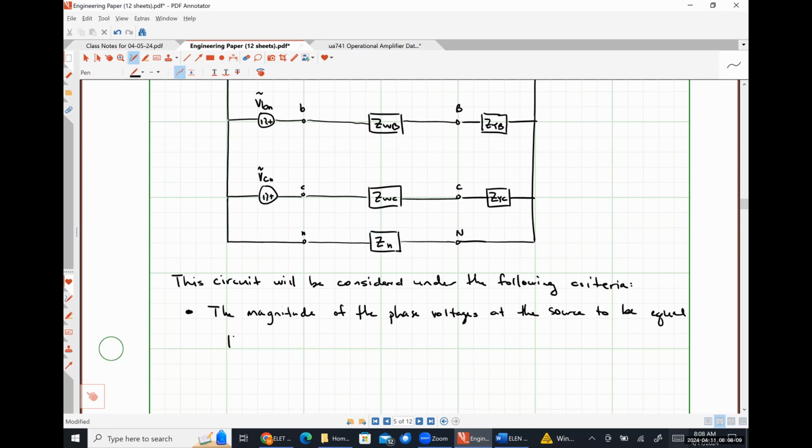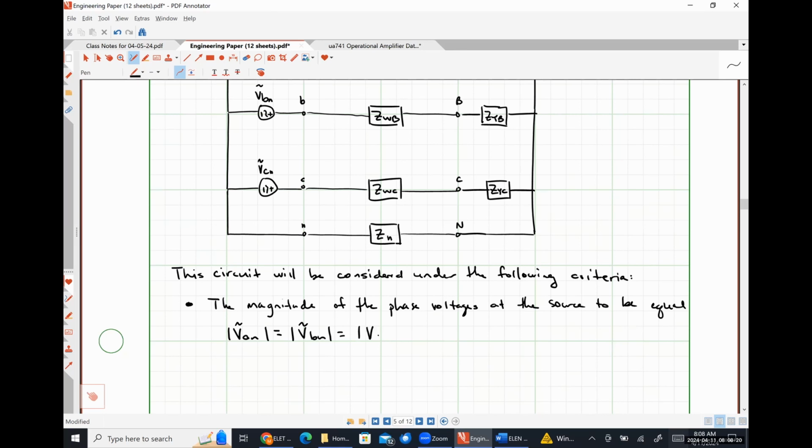So that means the magnitude of VAN must be equal to the magnitude of VBN, must be equal to the magnitude of VCN, and we'll call this simply VP, our phase voltage magnitude.